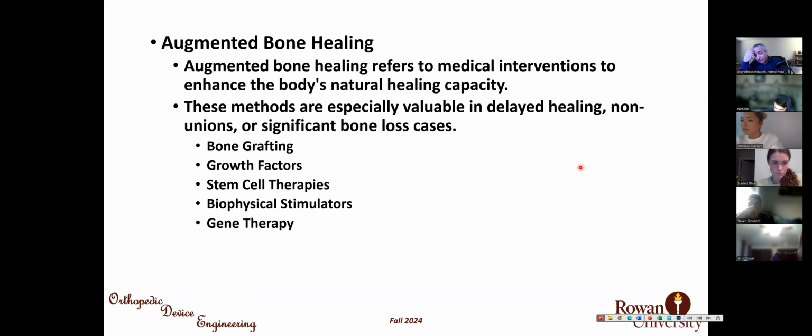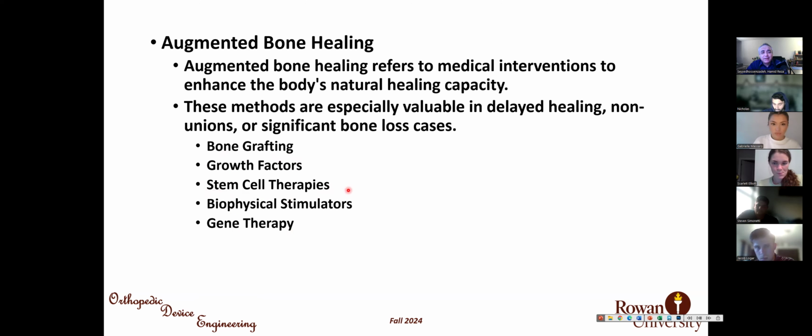So if we need to augment bone healing, we have to use one of these options: either a bone graft or bone substitute or a growth factor, stem cell, biophysical stimulators, and gene therapy. Growth factors, stem cells, and gene therapies are under investigation.